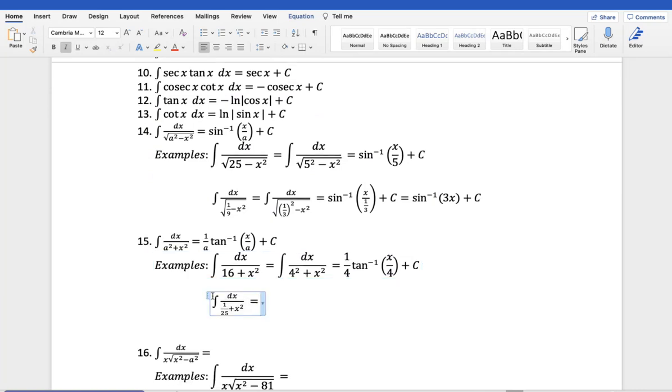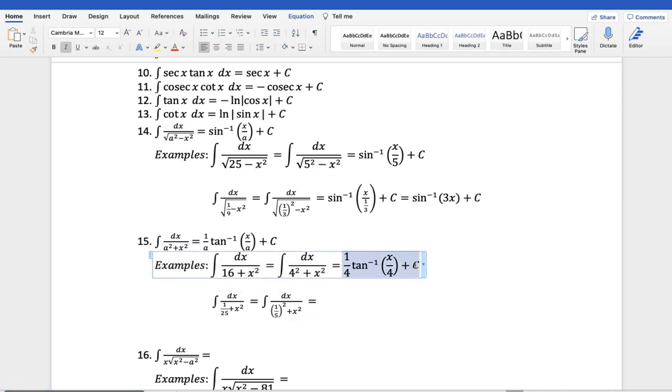And the next example is the integral of dx over 1 over 25 plus x squared. Once again, we know that 1 over 25 is just 1 over 5 squared. And in that case, our a is 1 over 5.